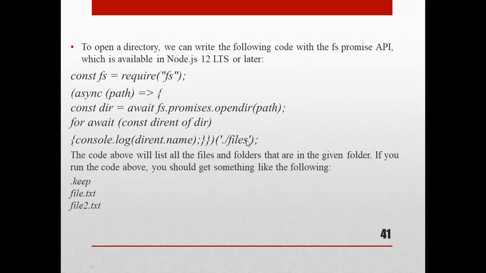Here we pass the path in single quotes, ./files. This code will list all the files and folders inside the given directory. For example, this files directory has a folder, .keep, then file.txt and file2.txt. These are two files, and one folder is there inside this files directory.